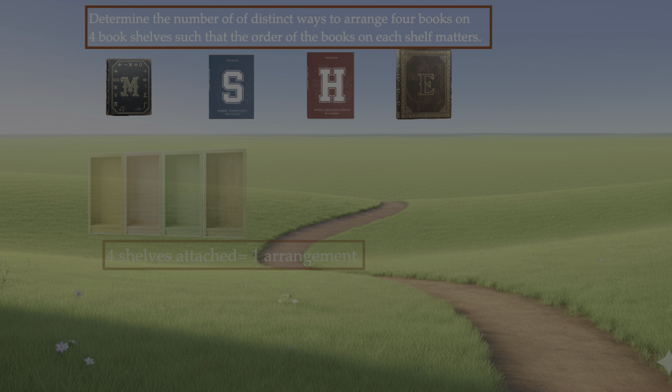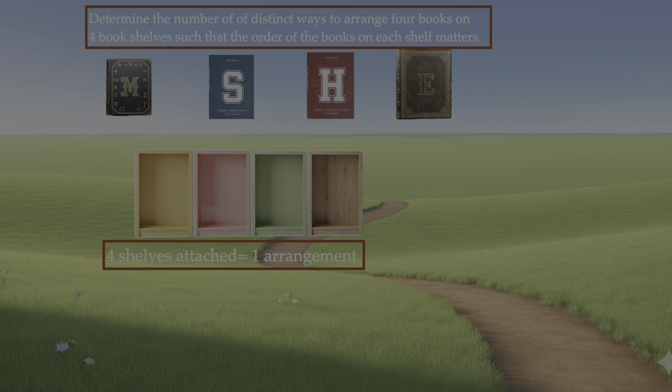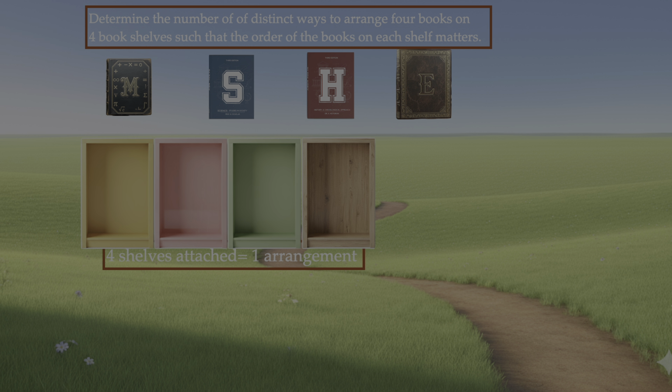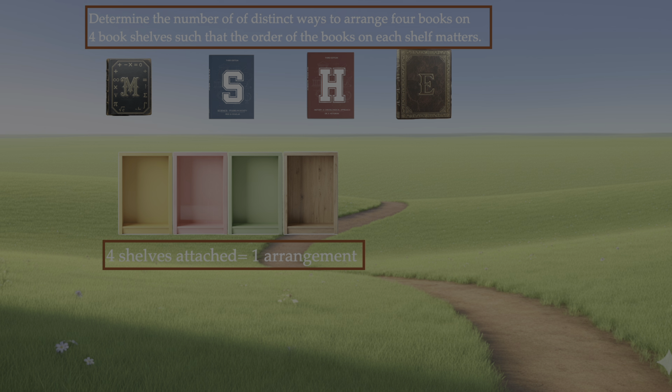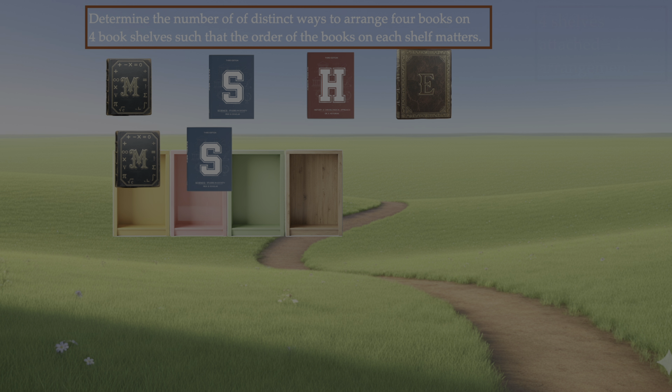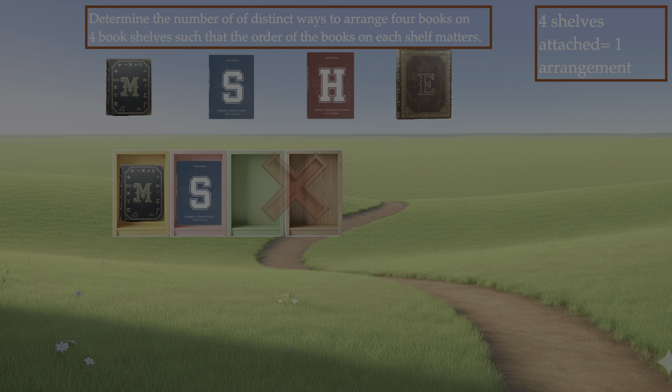From this point forward, we will always treat the 4 shelves as a single unit, emphasizing that each arrangement is counted every time all 4 shelves are filled. Placing only the math and science books in the first 2 compartments does not constitute a valid arrangement, as all 4 books must be placed in each of the 4 compartments.